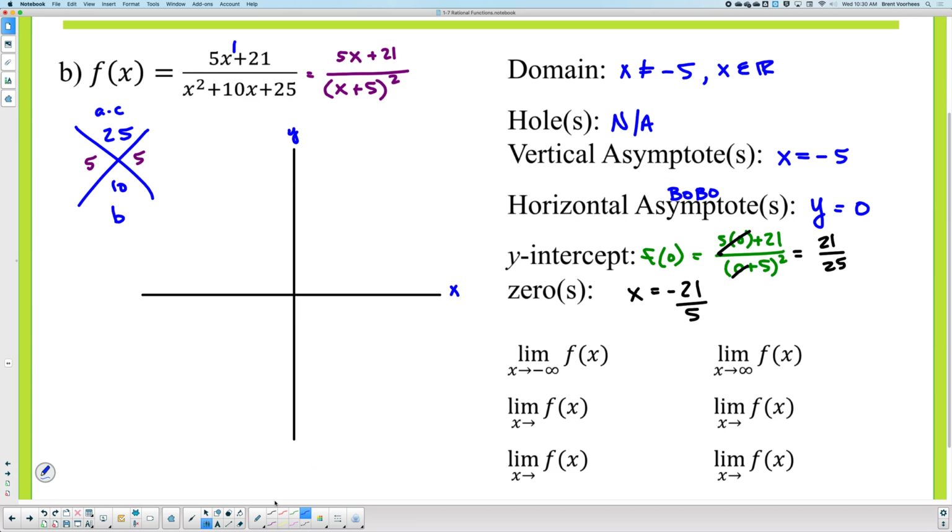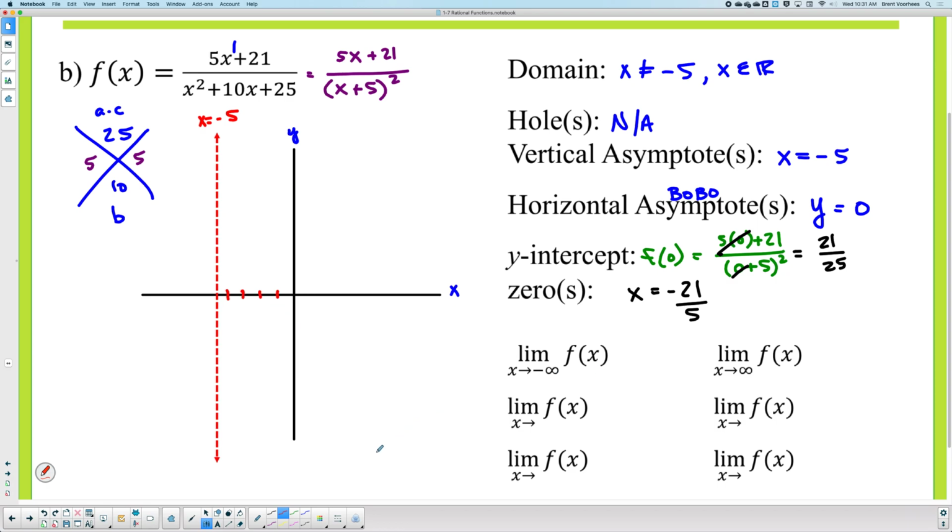So we have a vertical asymptote. The vertical asymptote is left 5. 1, 2, 3, 4, 5. I'm going to say it's about right here. I'm going to say that's negative 5. x equals negative 5.